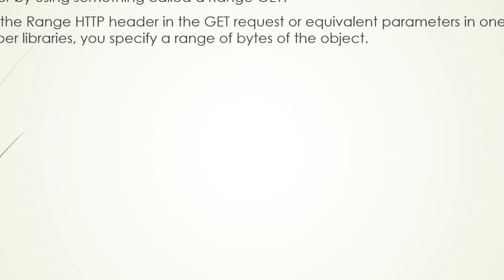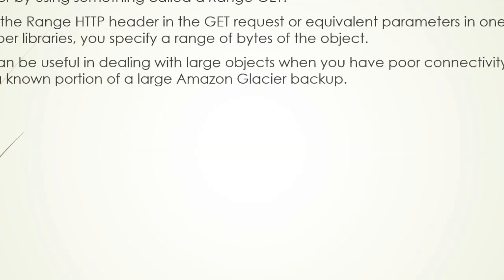Using the Range HTTP header in the GET request, or the equivalent parameters in one of the SDK wrapper libraries, you specify a range of bytes of that object, and then it's going to download that particular portion of the object into your system. This can be useful in dealing with large objects when you have poor connectivity, or to download only a portion of a large Glacier backup to your system.